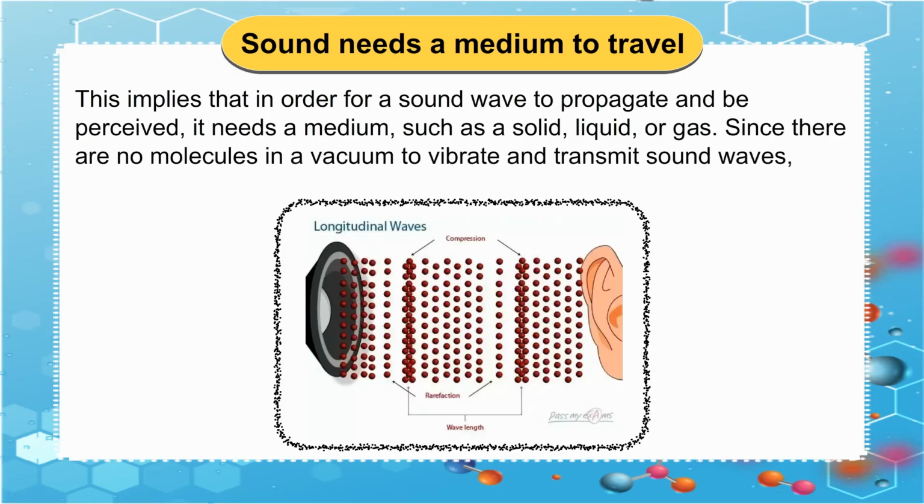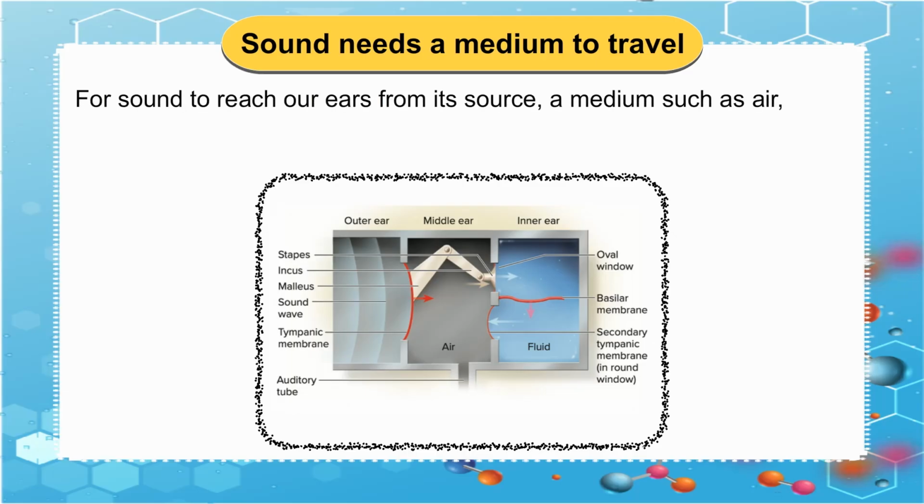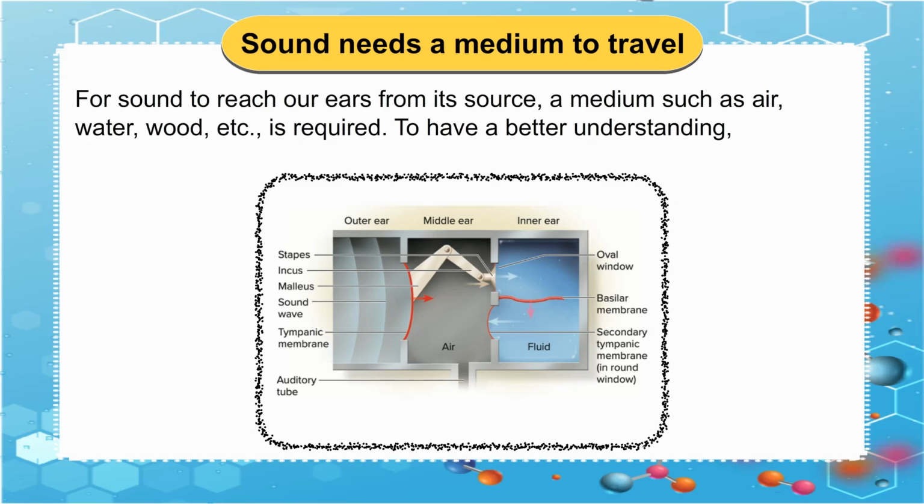Since there are no molecules in a vacuum to vibrate and transmit sound waves, sound cannot travel through it. For sound to reach our ears from its source, a medium such as air, water, wood, etc., is required.